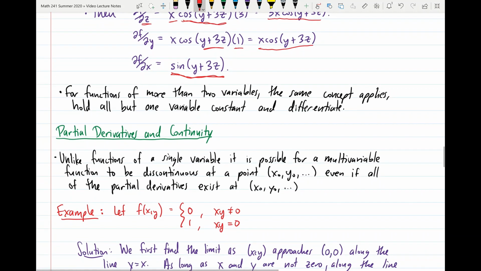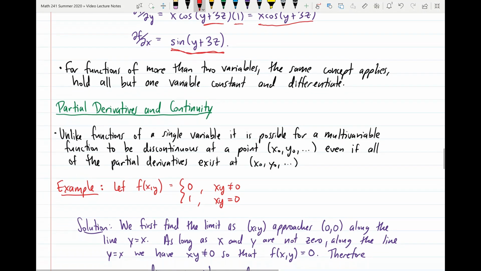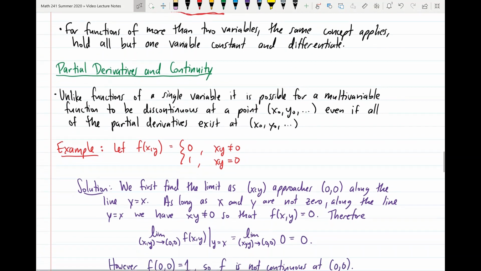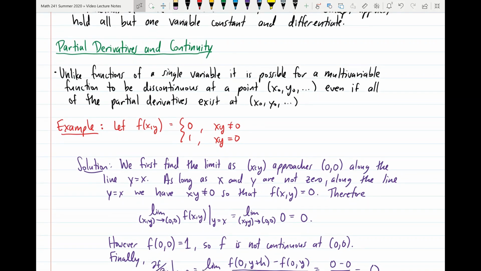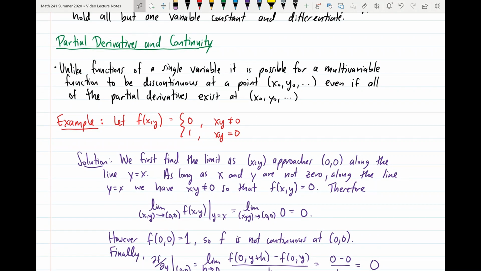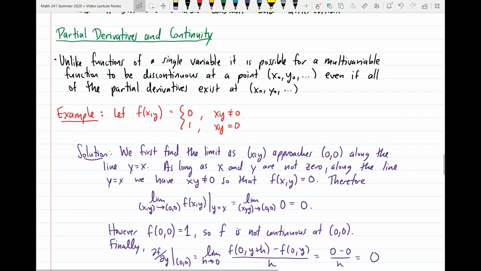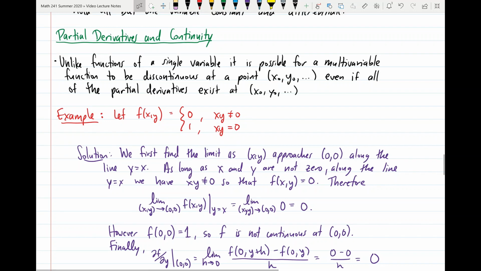Okay, now let's move on to a discussion of how partial derivatives and continuity may or may not relate to one another. So we find out, at least at first, that partial derivatives and continuity are not super related. One doesn't tell us much about the other.